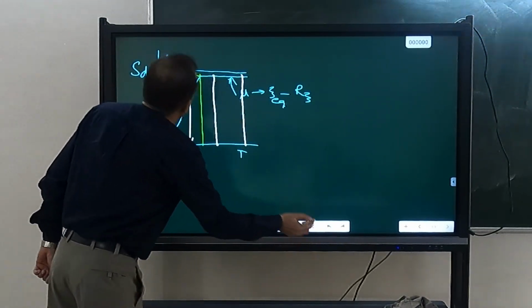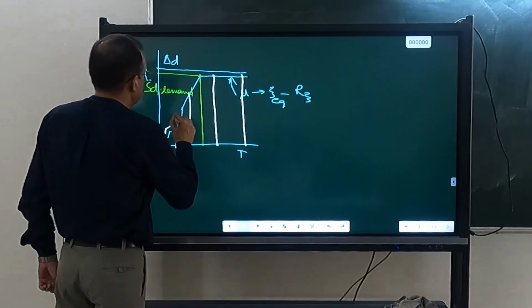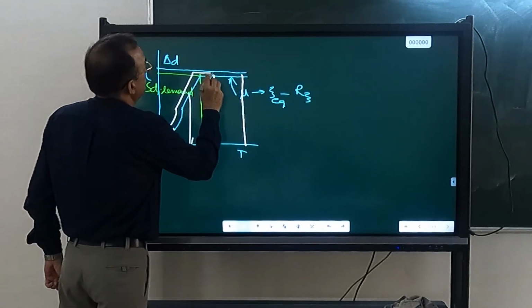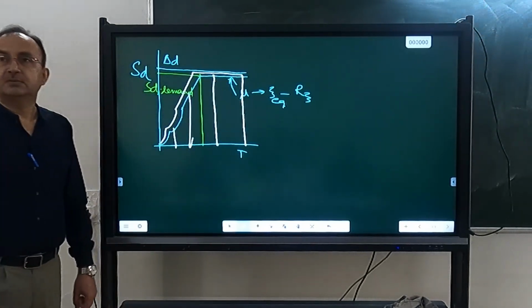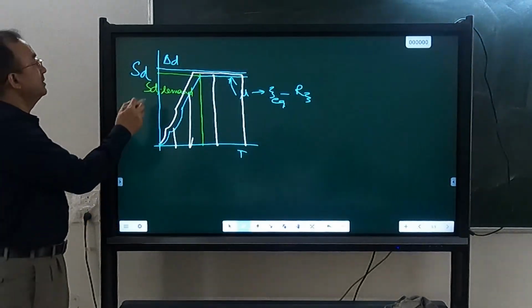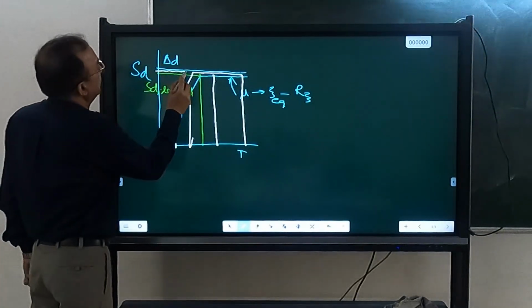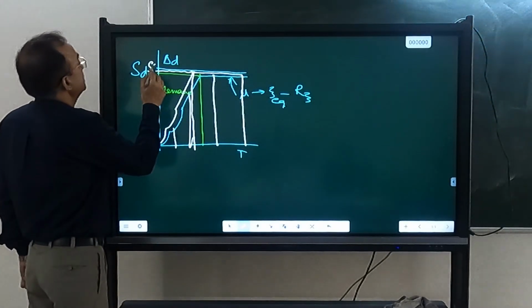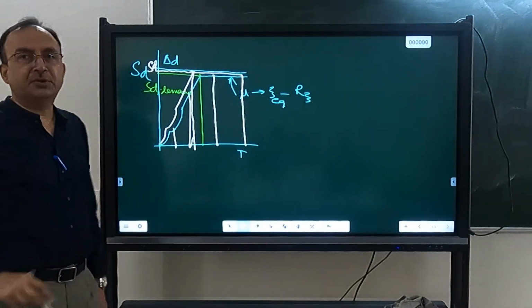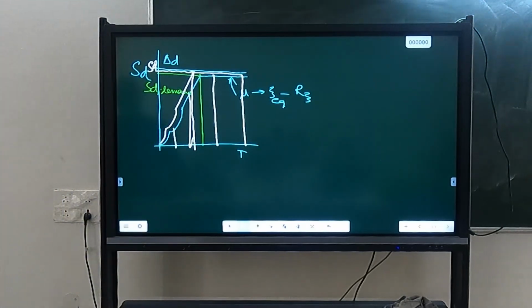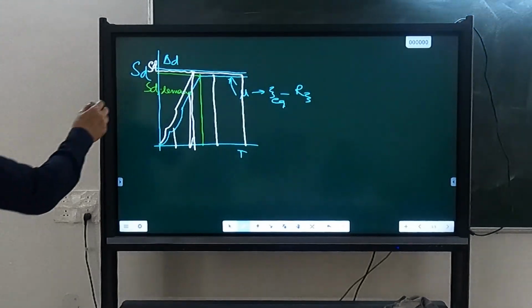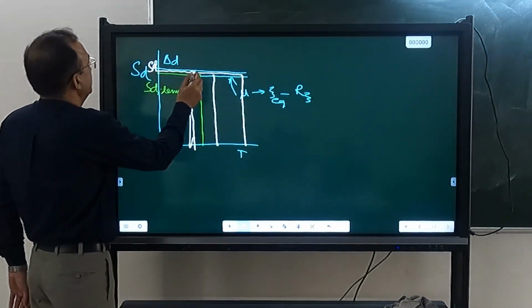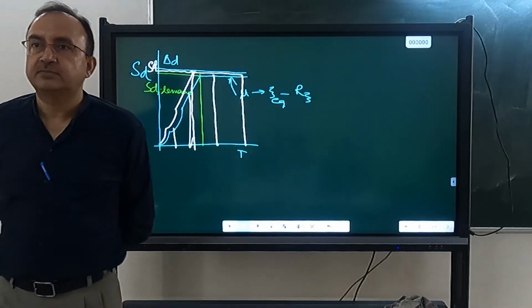Maybe it is somewhere here. Then you will get the new value of ST. This iteration you will continue till it converges. The change in mu is small enough so that in successive iterations you get the same value of ST.